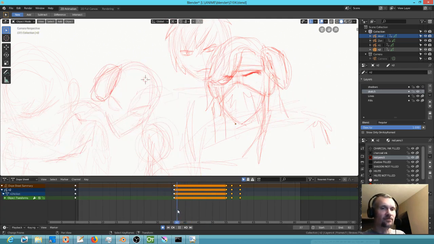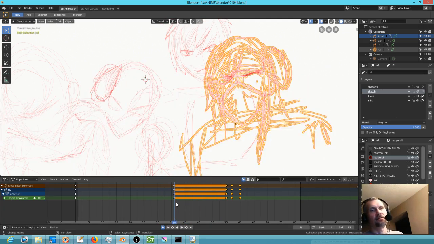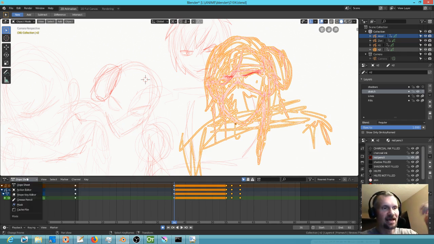So the problem is that this grease pencil object that represents this character is inexorably tied to the drawings or the grease pencil keyframes that are attached to it. But the problem is I have to constantly switch contexts.